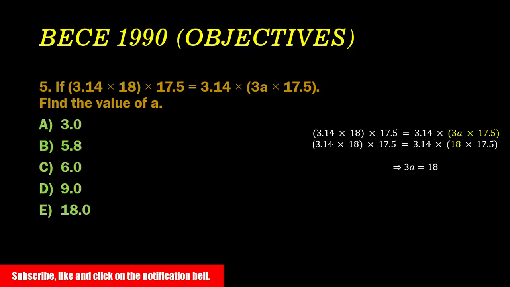And when you regroup, you realize that we can rewrite that expression as 3.14 times quantity 18 times 17.5, where the comparison now becomes very easy to identify. So what is our next step? We divide both sides of the expression by 3, and that will simply give us the answer a is equal to 6. So which option is our answer now? It's obviously option C as shown on the screen.